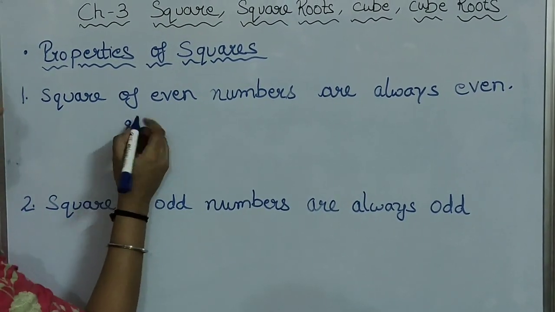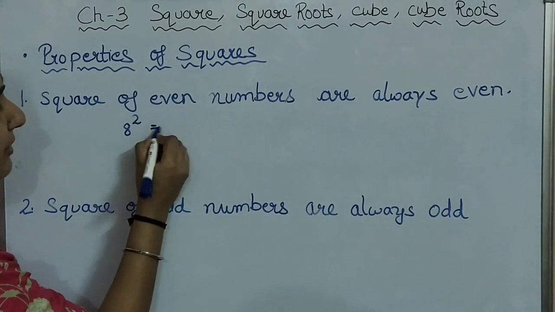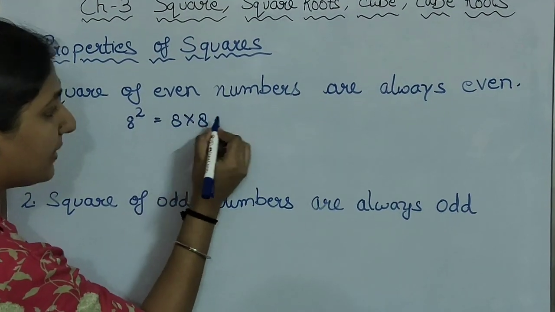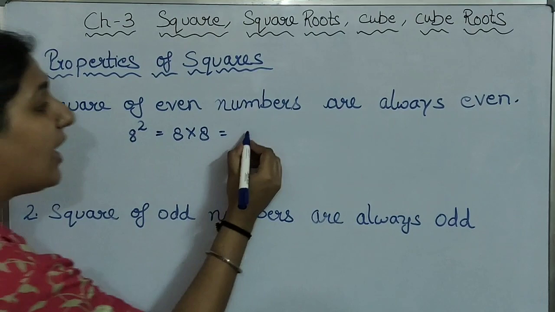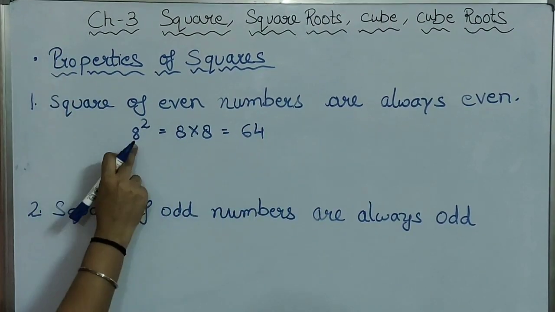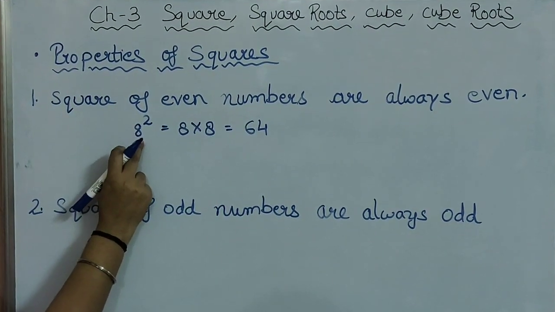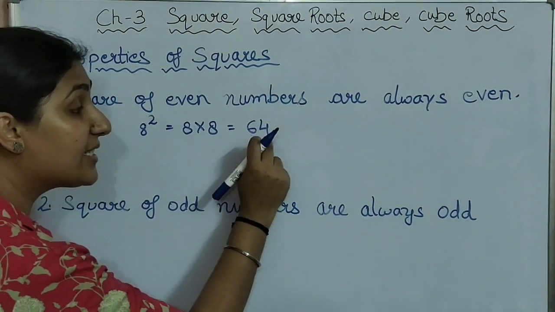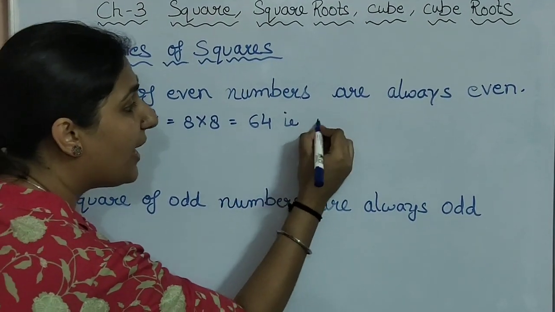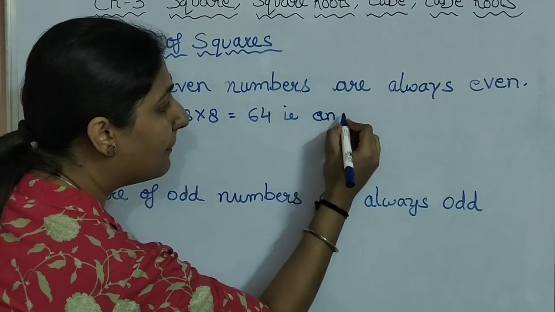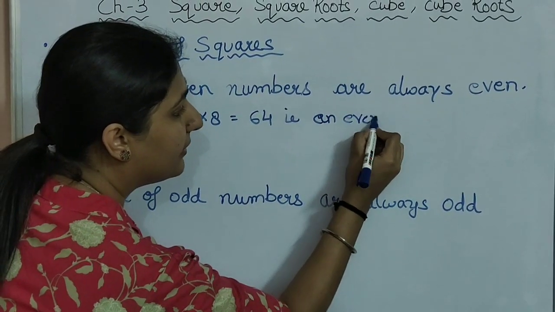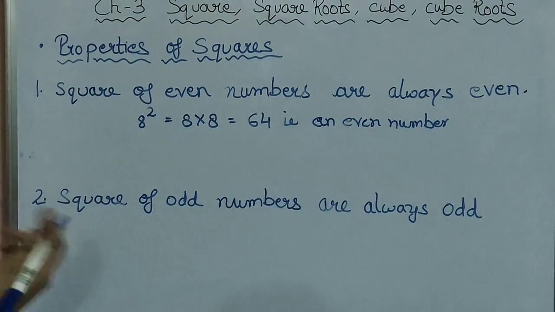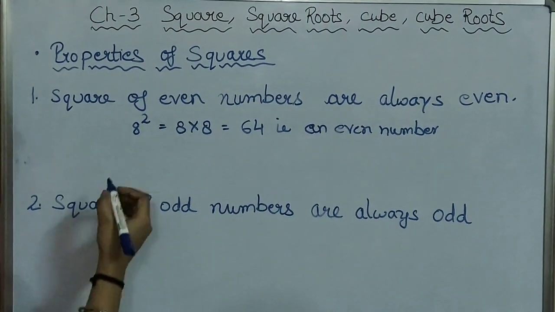If an even number is given, the square of the even number, that is 8 raised to the power 2, 8 into 8, is always an even number. You can see here 8 is an even number. We found its square, that is 64, and 64 is also an even number. Hence the property is proved.